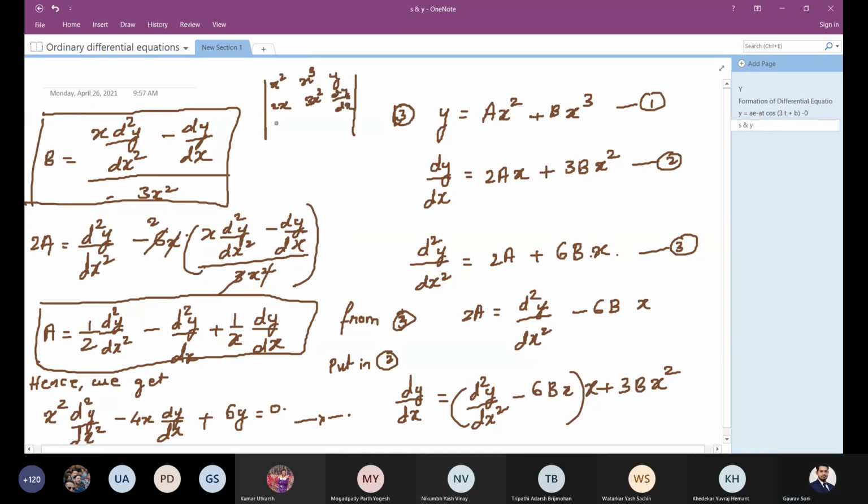In the last one, you will have 2, 6x, d2y by dx square. We know that if there are infinitely many solutions, the determinant has to be 0. You just solve this determinant and you will get a differential equation. That is another way. But of course, the earlier one is easier, so I didn't introduce this earlier. Anyways, let's go ahead now.